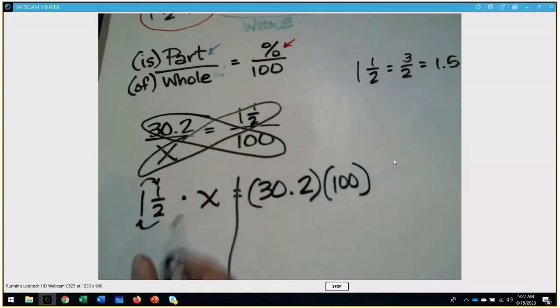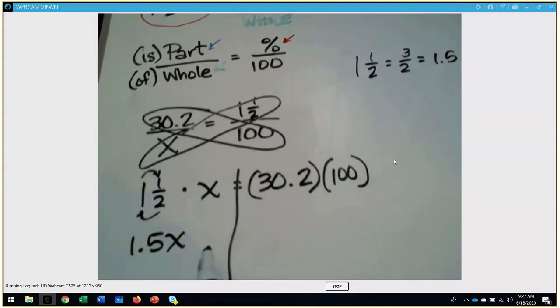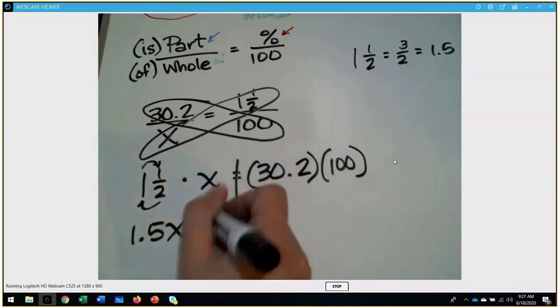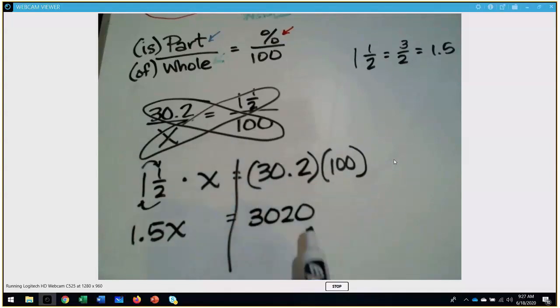I would rather work with that because on the other side of this, I have decimals, and they're just easier to work with. So 30.2 times 100 gives me 3,020.